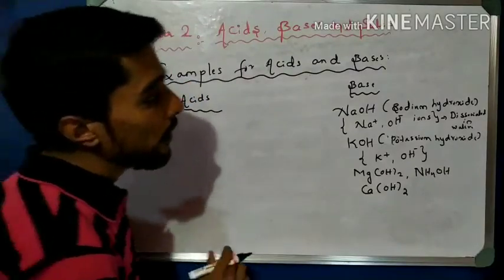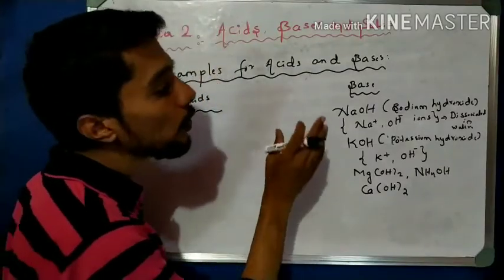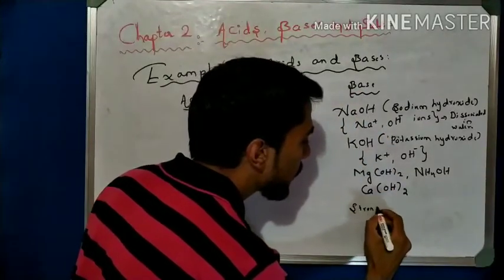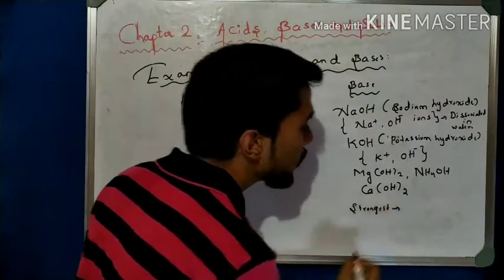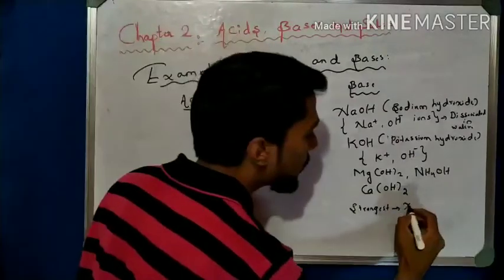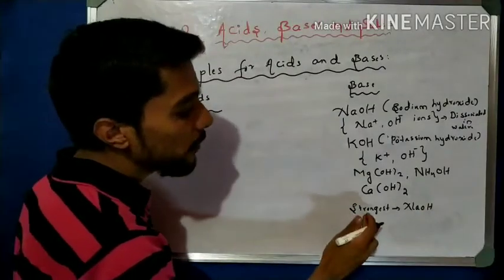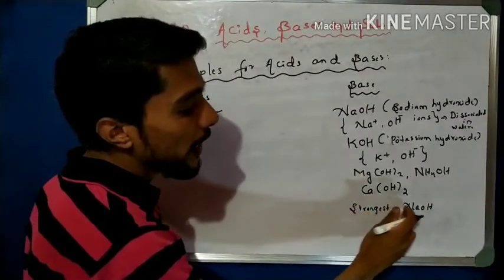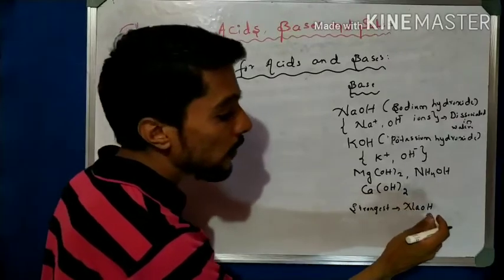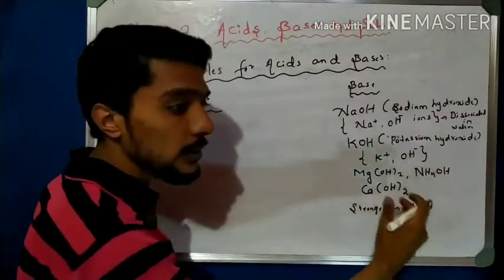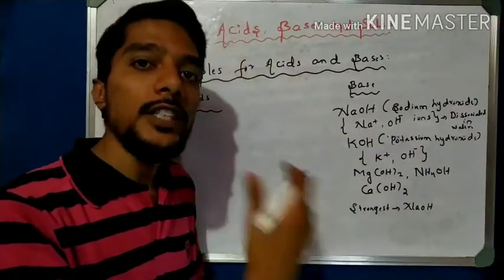If they ask for the strongest base, you write that NaOH is the strongest base. What does it mean? It means the base NaOH is said to be strong because it gives more OH minus ions.